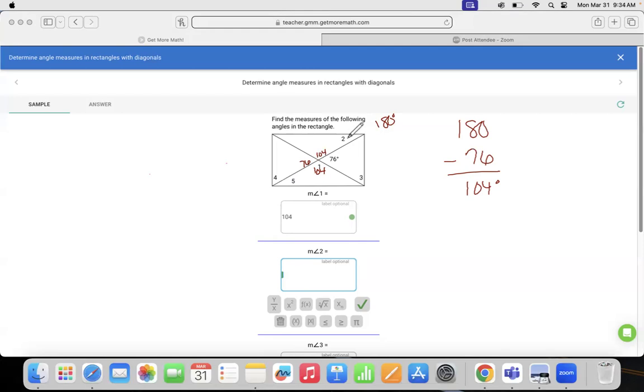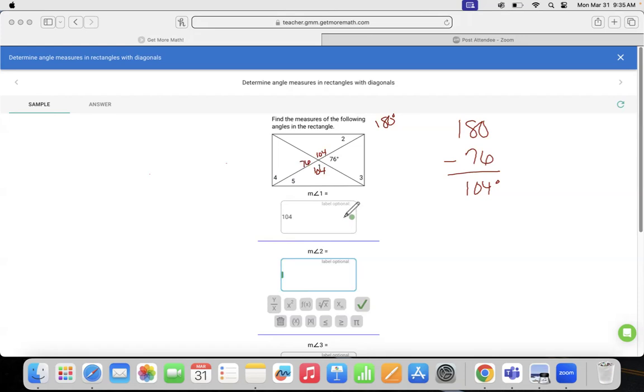It wants us to know the measure of angle 2. Well, I don't have any other information given to me. I could assume that it is a bisector, that it's giving me 45, but I'm not 100% sure on that. So let's keep thinking.